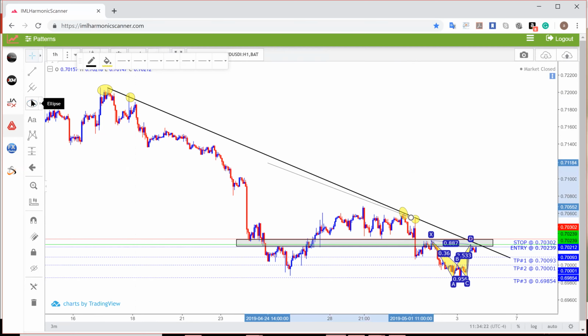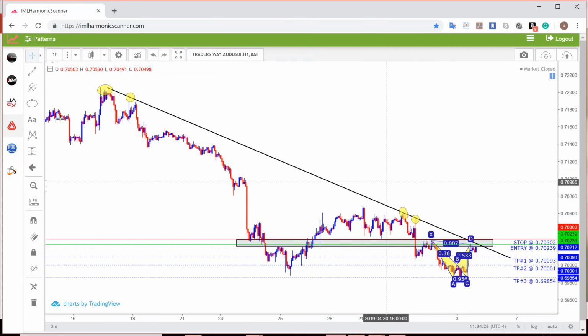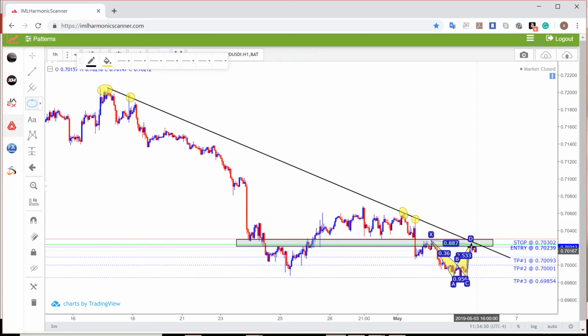Trading is just a little bit about logic and common sense. Logical things happen. So what are we looking for at this point?